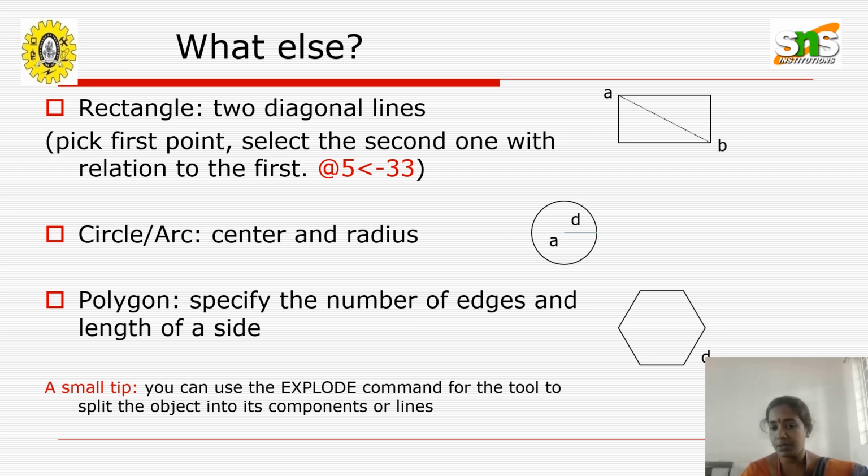If the number of edges is 6, then it is a hexagon; 8, it is an octagon, and the number can vary. That is why we call it a polygon. The length of the side can also be given.